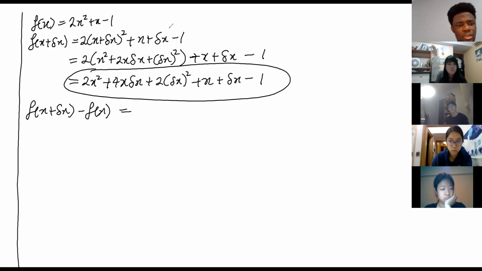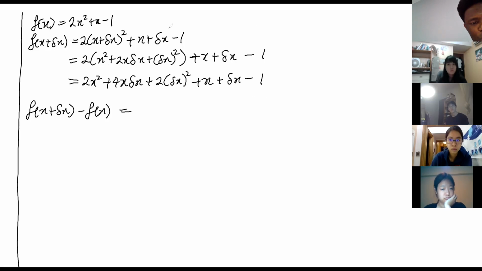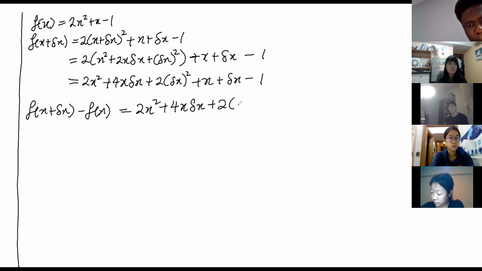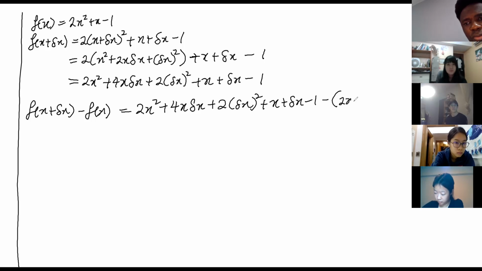Understand? So you can write that out, or you can just write the results. But I'm going to write it out so we can see. My handwriting looks horrible. Sorry. So minus all this.